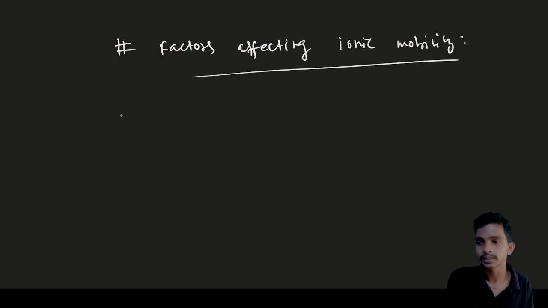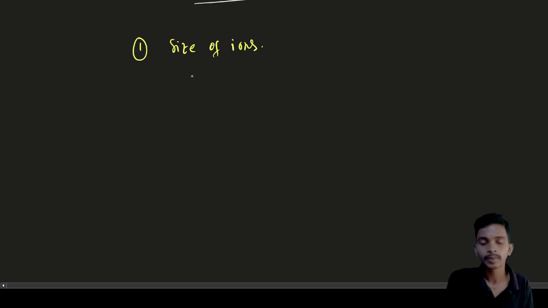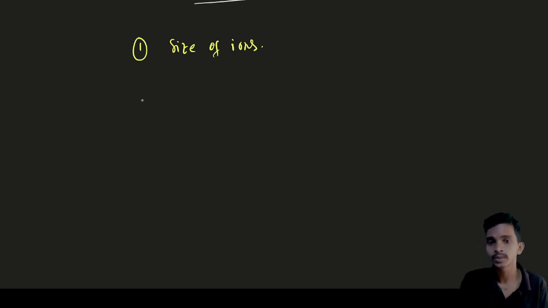So the first factor is the size of the ions. It says that if ions have a small size, then they will easily move. If small size, then speed is high, right? If anything has a small size, then it can easily move, right?